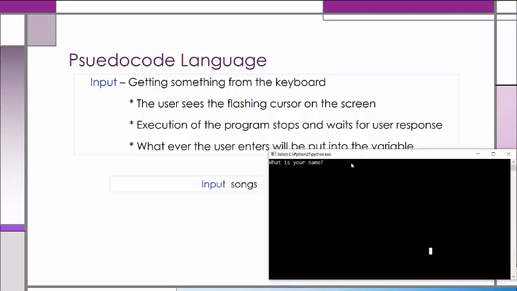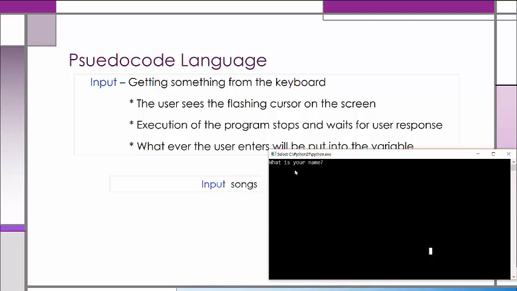So the idea here is that as soon as the user types in some information, the information the user types in is going to then be put into the variable that's next to input. So these two probably aren't the best example because they're not matching, but obviously, what is your name? If I put in Kirsten, that doesn't pertain to songs very well, but you get the idea, I'm hoping. So input says, wait to receive some information from the keyboard.